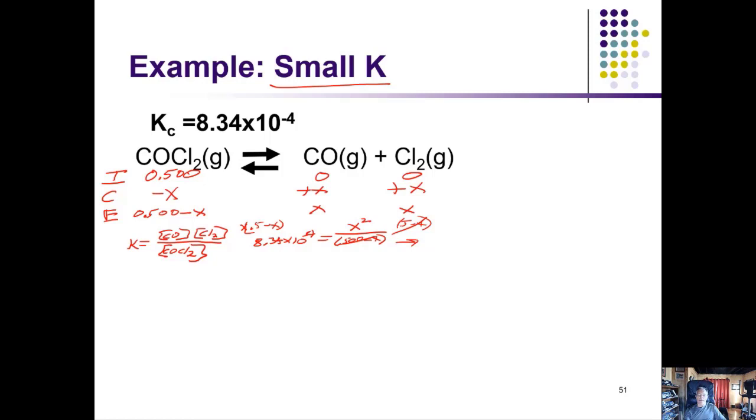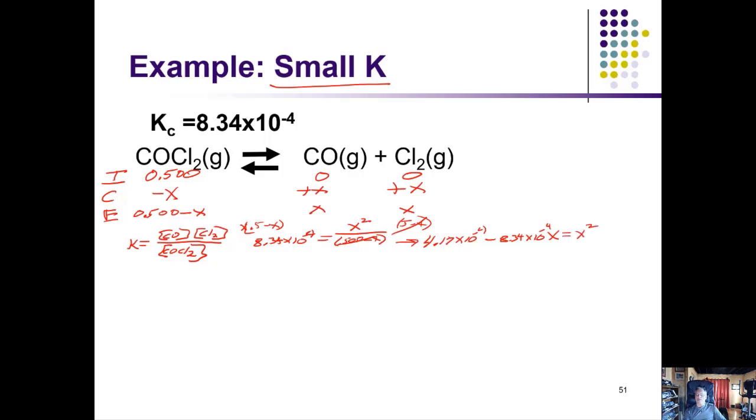That's going to give me 4.17 times 10 to the minus 4, and that will be minus 8.34 times 10 to the minus 4 x, because all I did was distribute 8.34 times 10 to the minus 4 through the parentheses, and that will give me x squared.